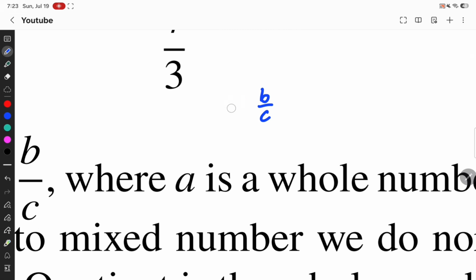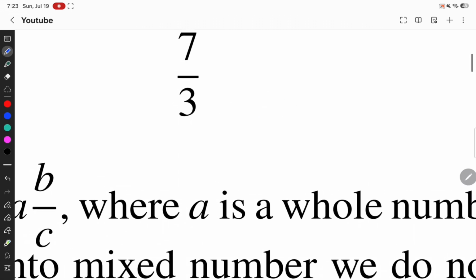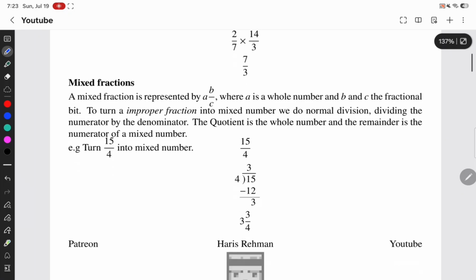So that's what we will see later on, where A is a whole number and B and C the fractional bit. Don't worry, everyone is an integer, but A is the whole part and B and C is the fraction part.